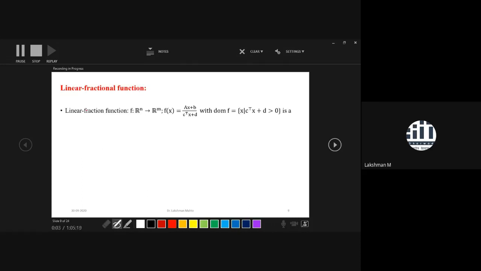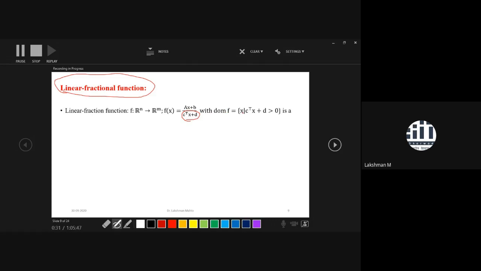Further, I will talk about the linear fractional function. This is a special case of the perspective map. We define the linear fractional function as a ratio of Ax plus b, where A is an m by n matrix, divided by c transpose x plus d. So we divide this affine transformation by this linear function.